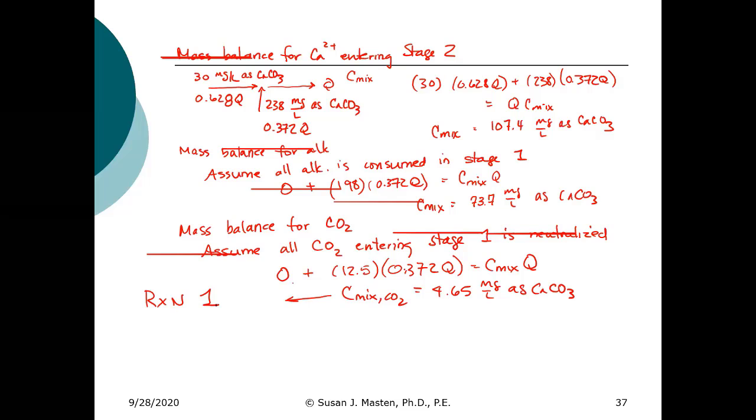And if you go back to reaction 1, we need lime. Okay, so that means what we will do is we need to add 4.65 milligrams per liter as calcium carbonate.